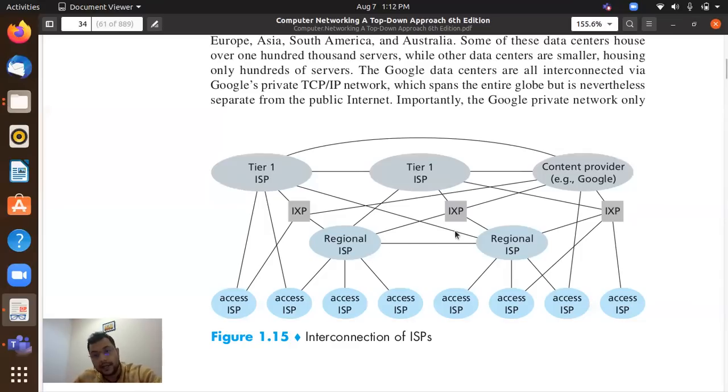Sometimes there may be a direct connection, which is a more technical concept, when you directly communicate with the regional ISP or when you communicate with internet exchange points, IXPs. So it is also one of the fields which facilitates peering.